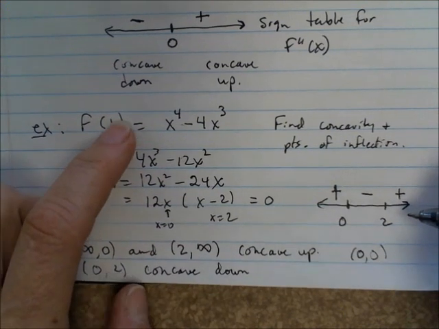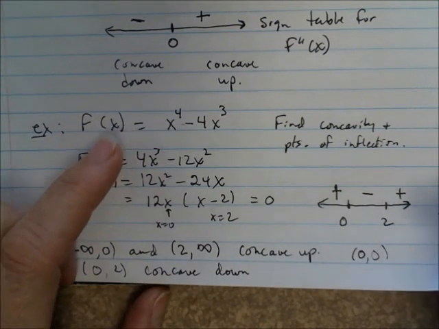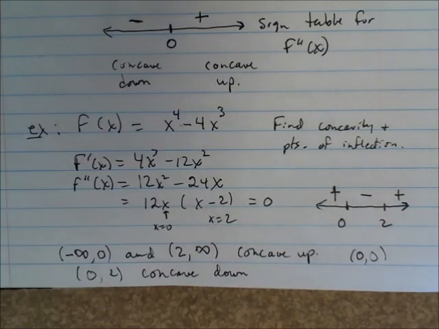And if we plugged in x equals 2, let's see, x equals 2 and y equals whatever 2 to the 4th minus 4 times 2 to the 3rd would be.